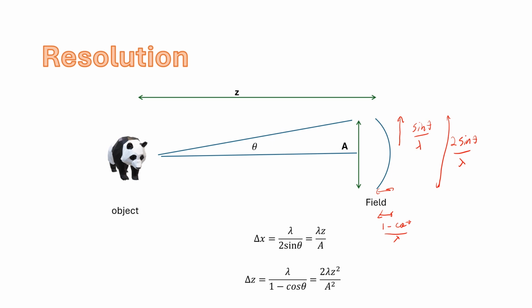If we expand out cosine theta, we'd get 1 minus theta squared over 2, and this theta is, again, A over Z.